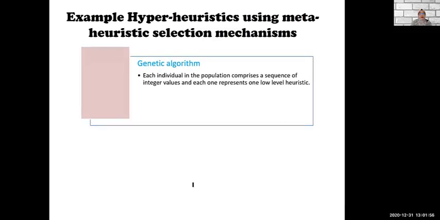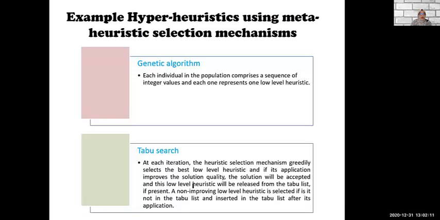So let's see examples of hyper-heuristics using a meta-heuristic selection mechanism. Genetic algorithm: each individual in the population comprises a sequence of integer values, and each one represents one low-level heuristic.